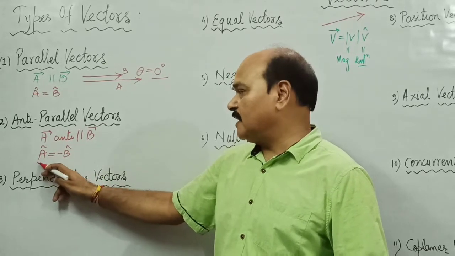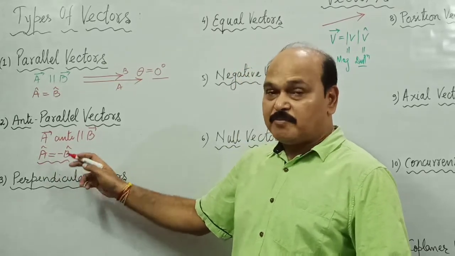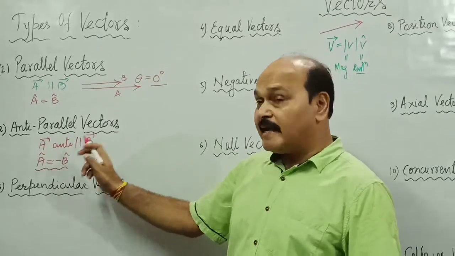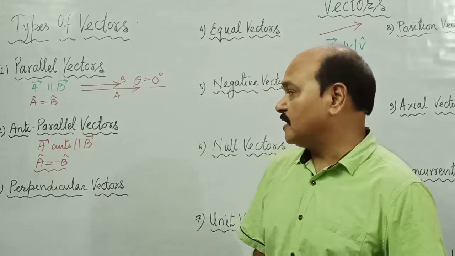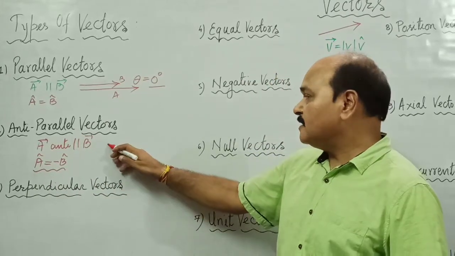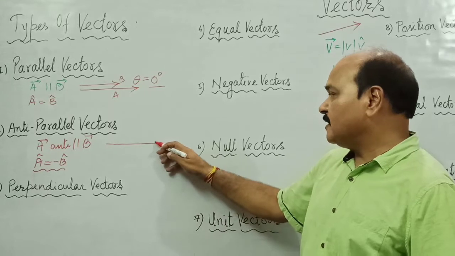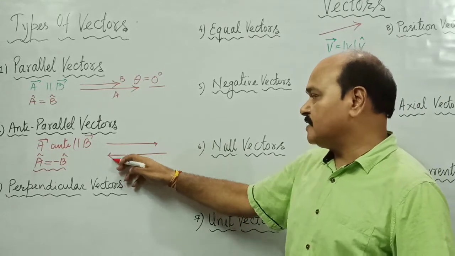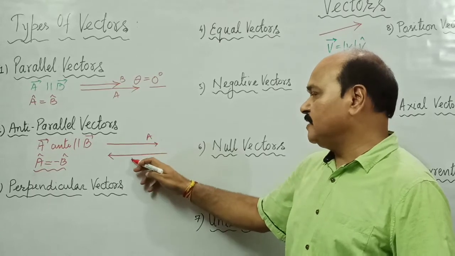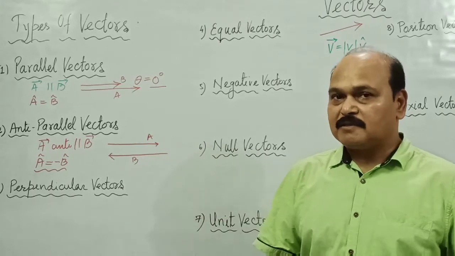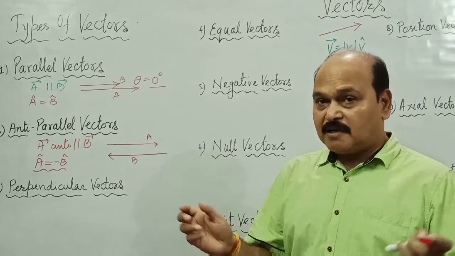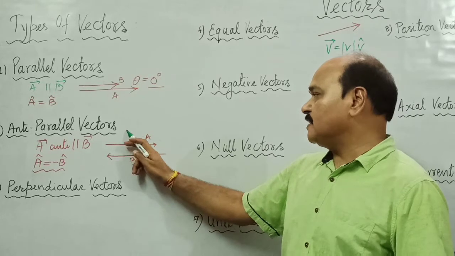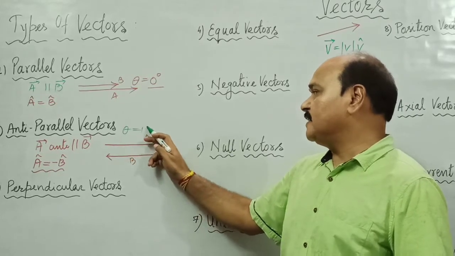This negative sign in between the unit vectors of anti-parallel vectors indicates that the two vectors are in opposite directions. Graphically they are represented by arrows which are in opposite directions. If this is vector A, this is vector B. So these are anti-parallel vectors. They are simply in opposite directions and there is no restriction on magnitude. The angle between these two vectors is 180 degrees.